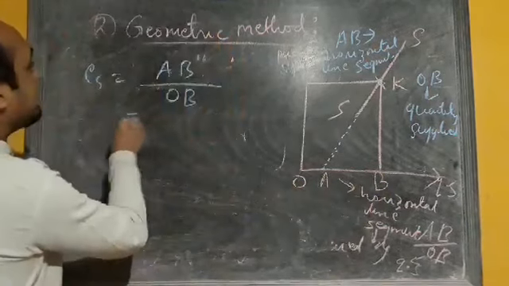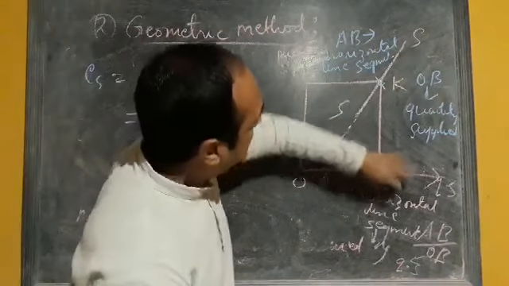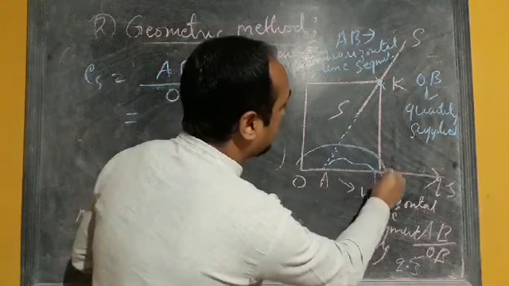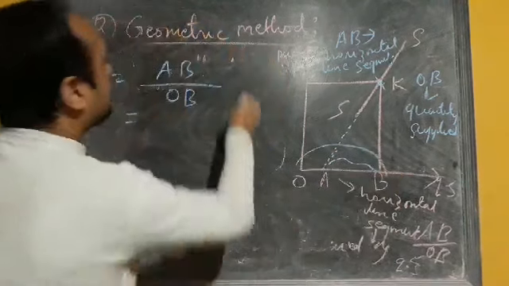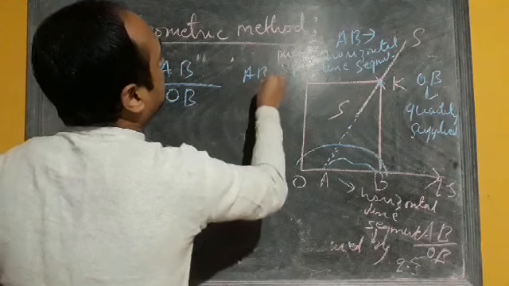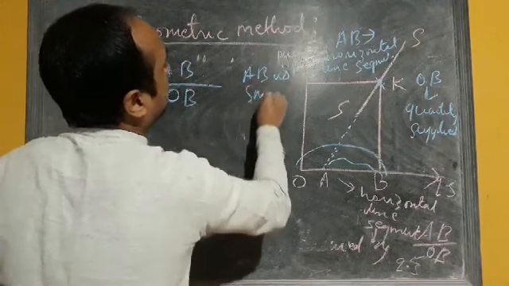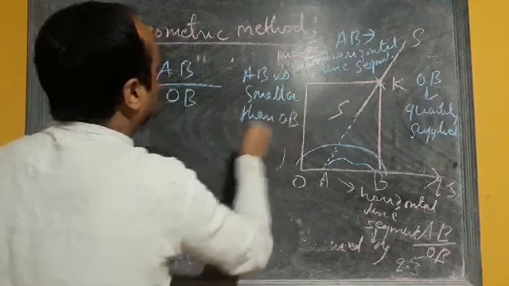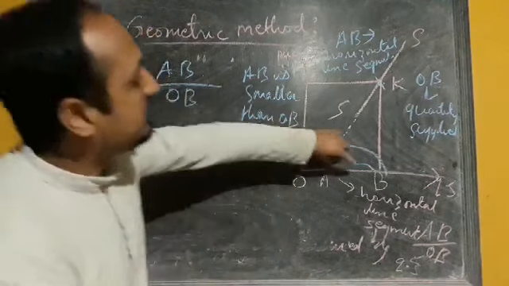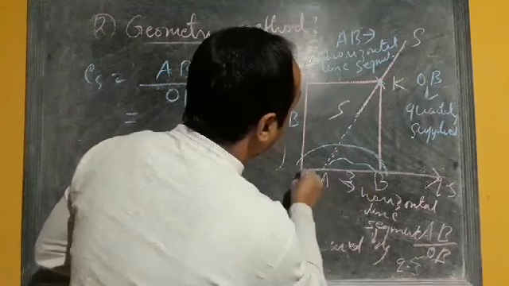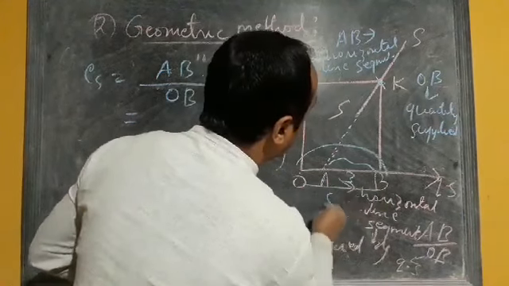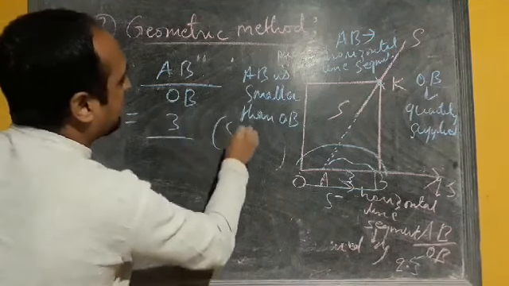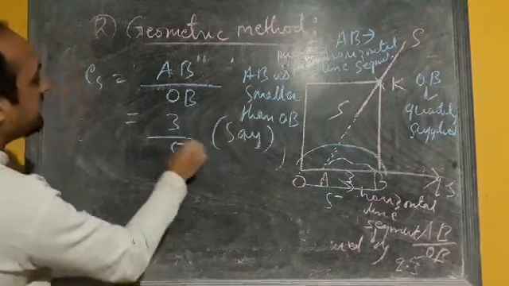If you see the lengths of AB and OB, AB is smaller than OB. Suppose AB is, for example, 3 and OB is 5.